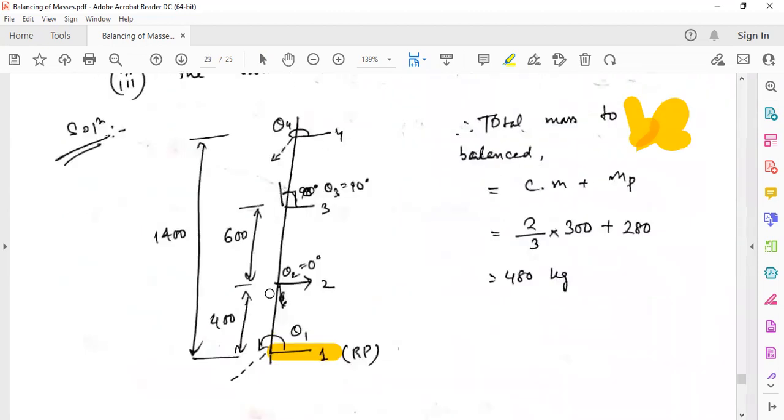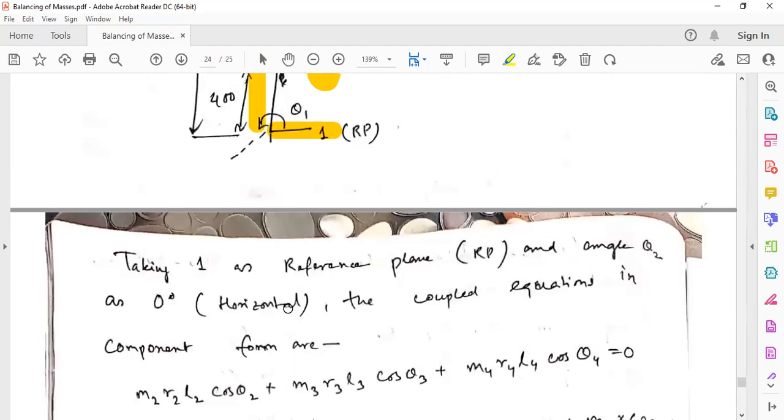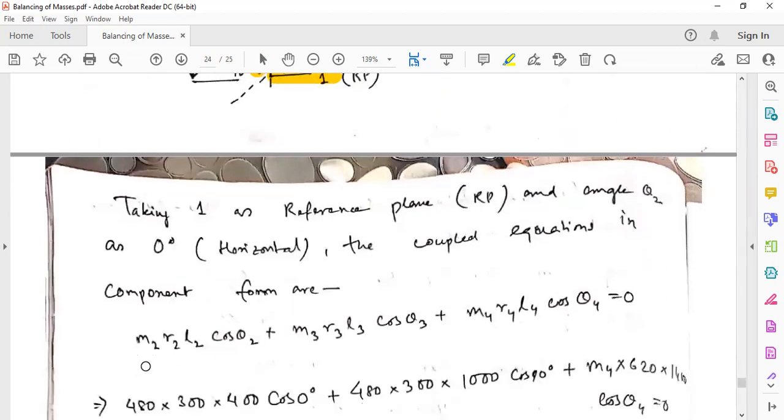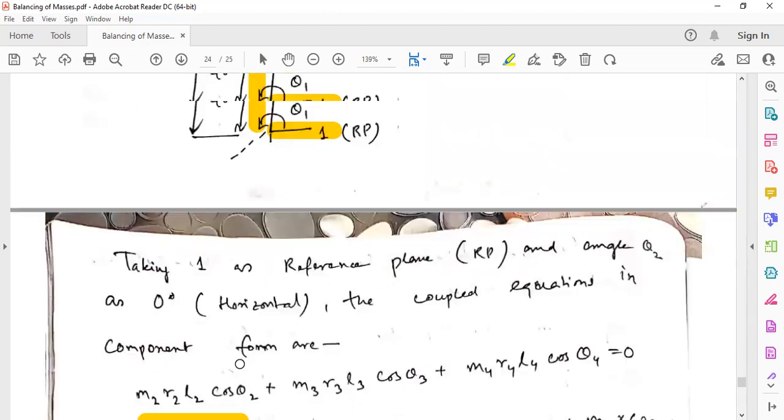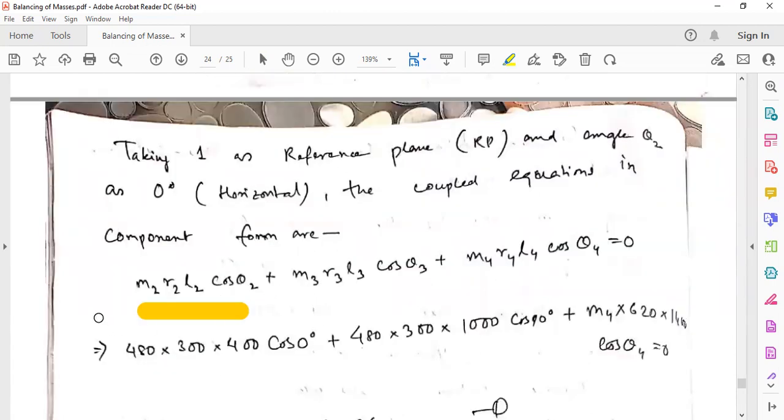Suppose there is a mass m2, m3 here, m4 here. So m2 r2, radius is r2, the distance is l2, angle is theta 2. We write m2 r2 l2 theta 2.